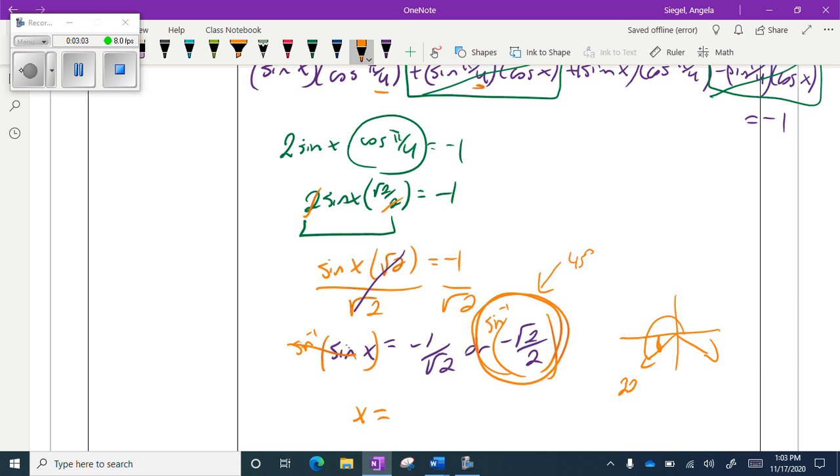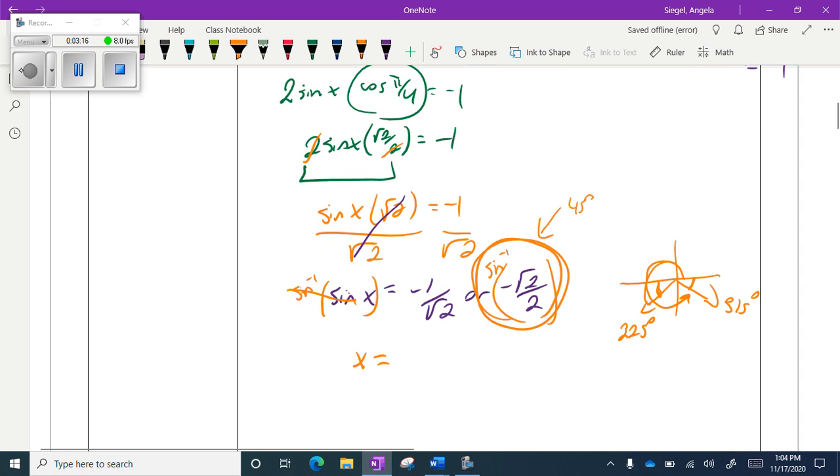And so that's going to be 225. And if this is 45 degrees, what's my actual angle here? And that's going to be 315. Okay, so 225 in radians, that's going to be 5 pi over 4. And 315 in radians is going to be 7 pi over 4.